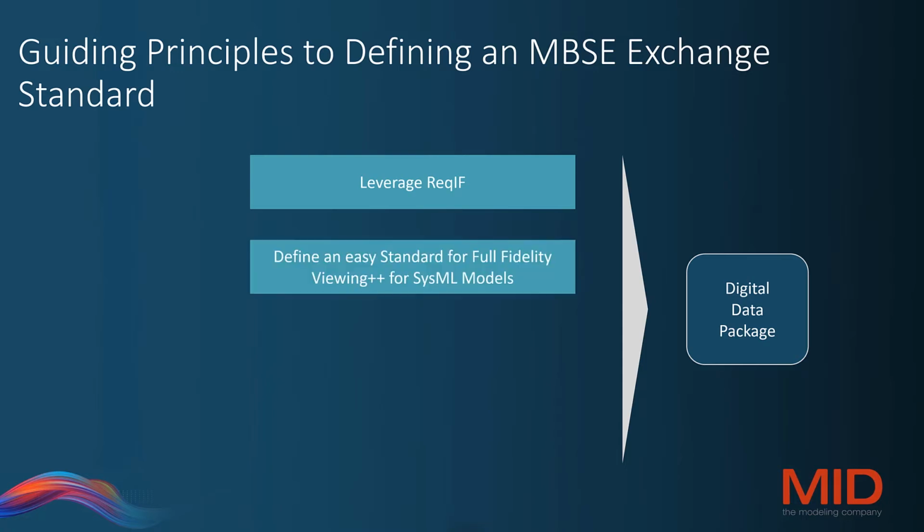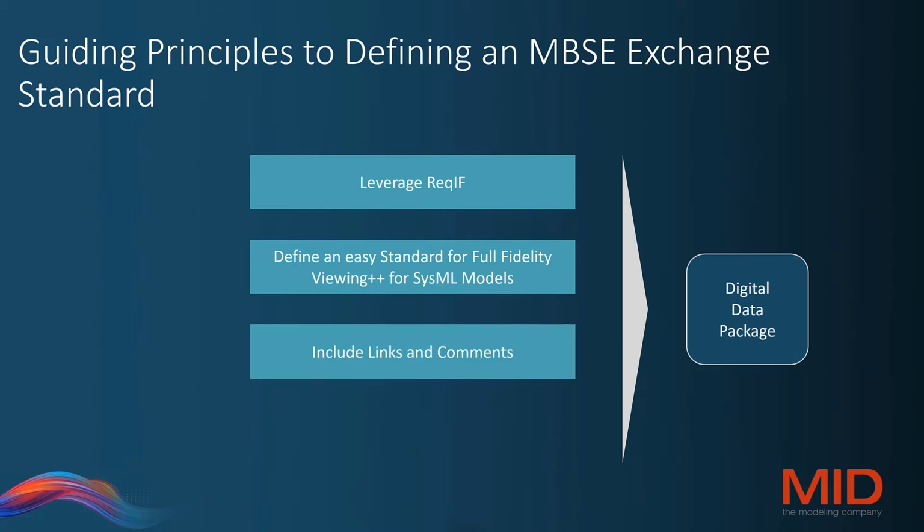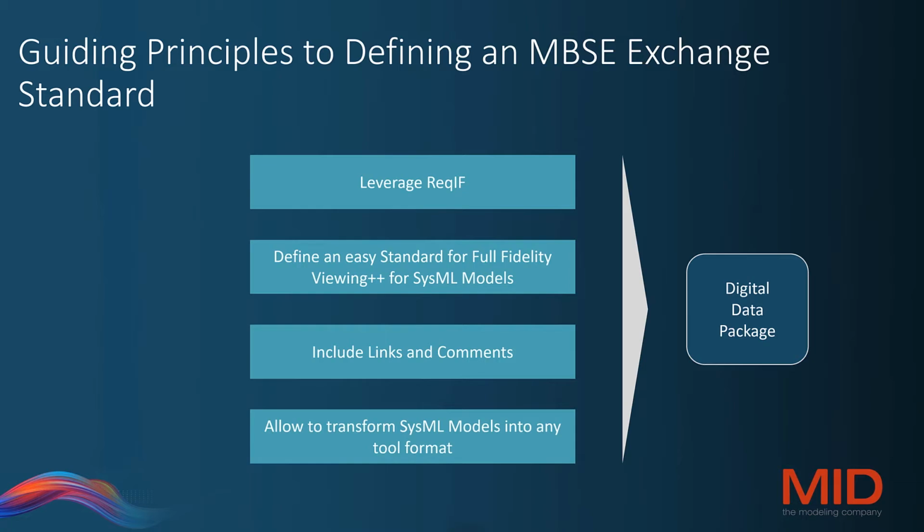Number two, we must define an easy-to-use and implement standard for full fidelity viewing of SysML models as part of the DDP. Number three, we must include links and comments into the DDP. And number four, we want to make sure that our partners can author the information provided in the digital data package independent of tool and format, especially when we look at the SysML side.